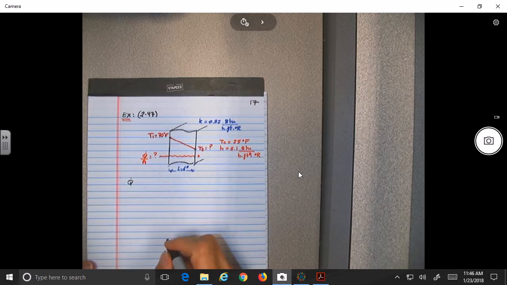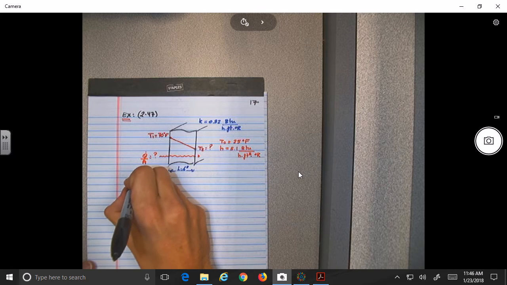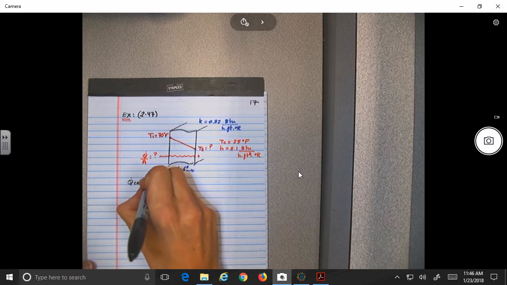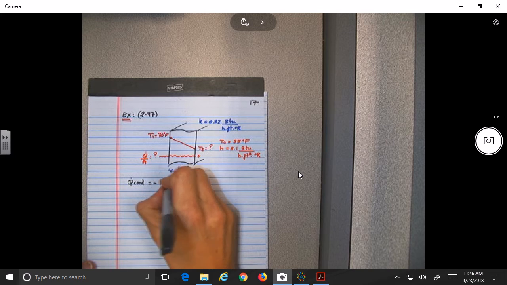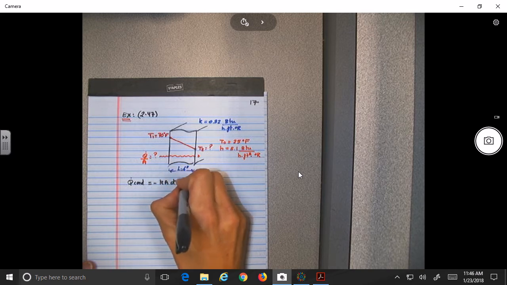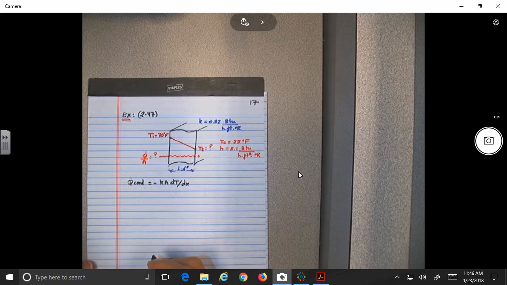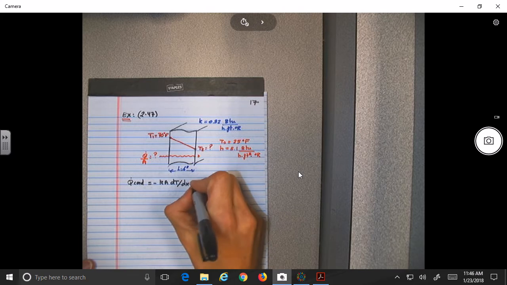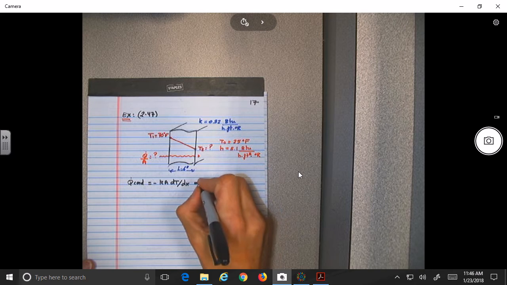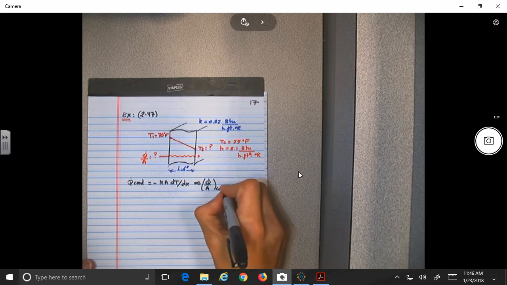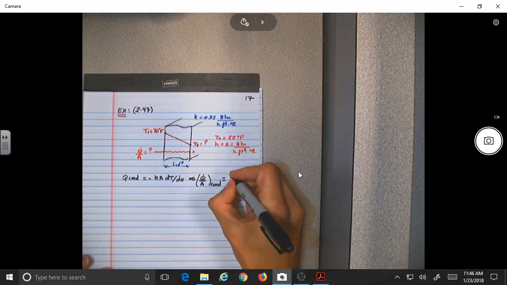So let's first see what are the relations we have. So Q conduction is equal to what? K dT dx, correct? Or I could just write over here Q dot over A, conduction, is equal to what?